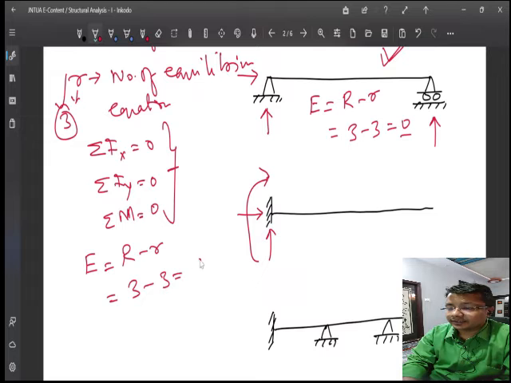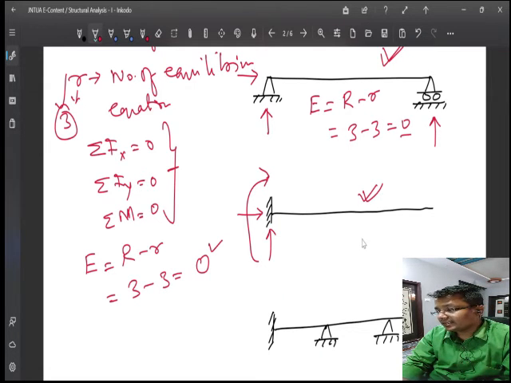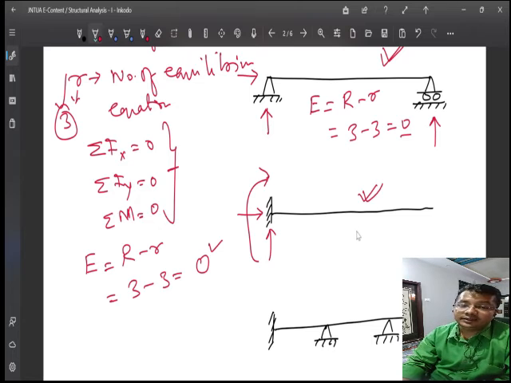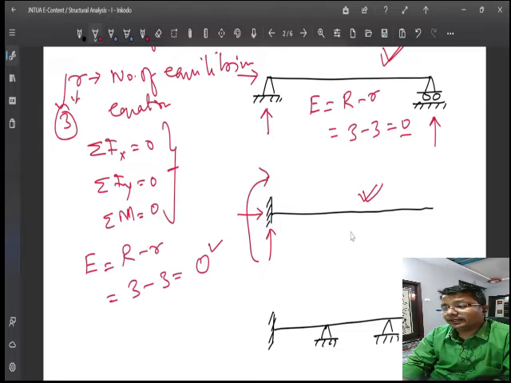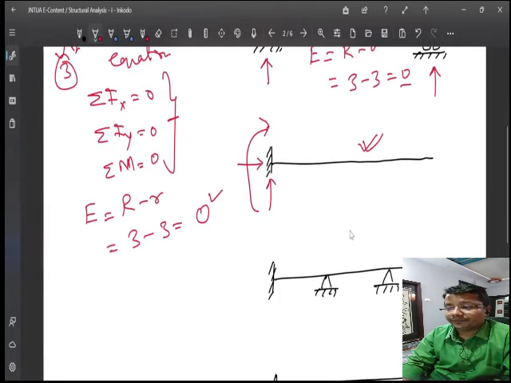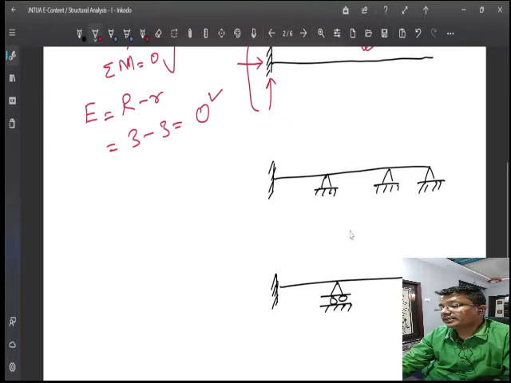My capital R is 3 minus small r is 3, that becomes 0. So I can say that this cantilever beam is also a determinate structure. Why? The external indeterminacy is 0. Right? Now let's come to the next structure, a continuous beam.